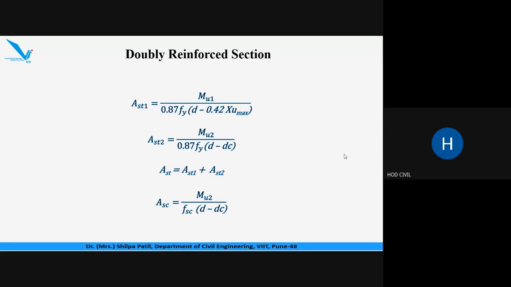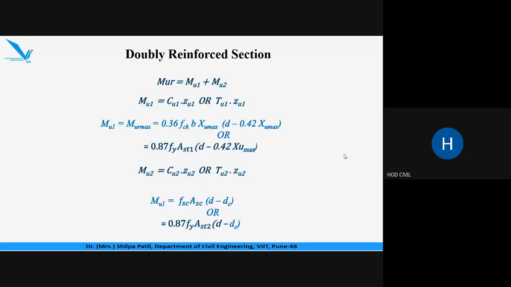Just tell me once you finish taking the picture of this slide. Is it over? Have you taken a photograph? Or you can note down these formulas in your notebook. Students, are you there? Yes, ma'am. Have you noted down these formulas? Yes, ma'am.